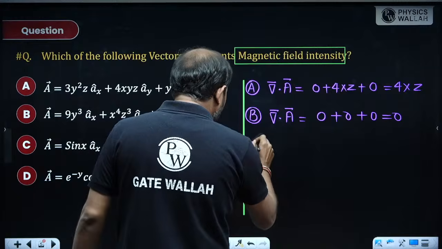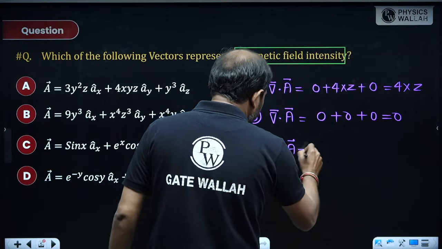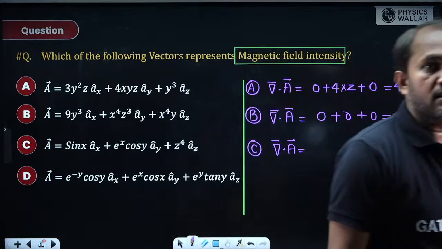C option, with respect to x del dot A, sin x differentiation is cos x.